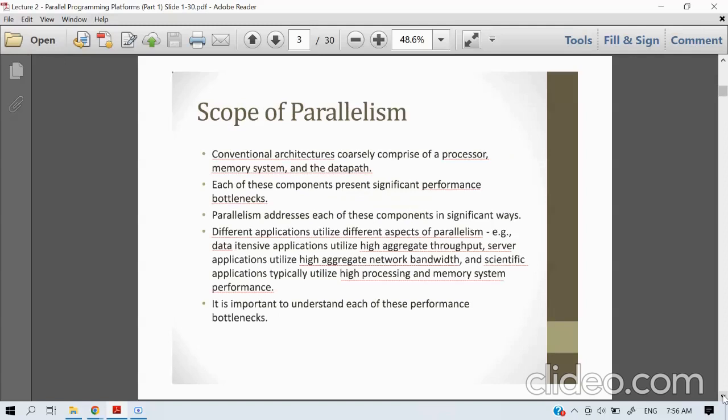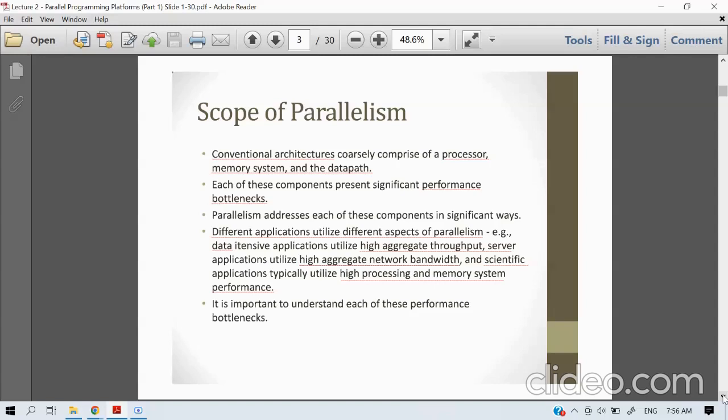Conventional architectures coarsely comprise three components, which are processor, memory system, and data path. Each of these components has its own significance and limitation. So parallelism addresses each of these components in a significant way. Different applications utilize different aspects of parallelism.